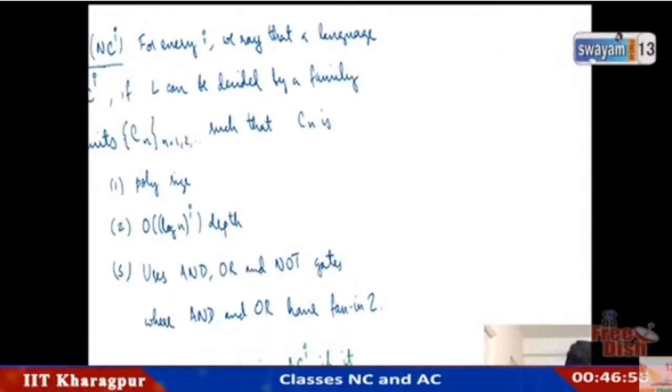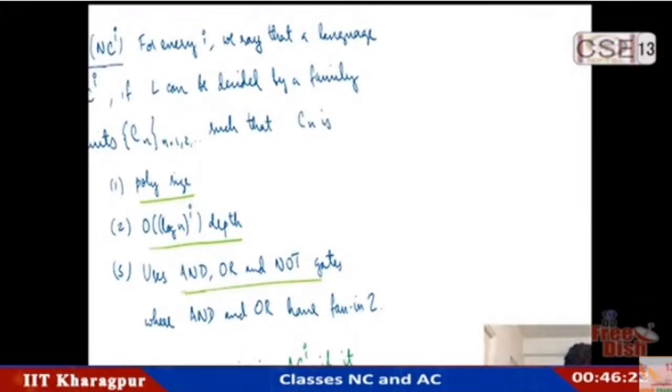So let us define NC or NC^i. NC^i is the class of languages that can be decided by a family of circuits that have polynomial size, and the depth should be (log n)^i, and must use AND, OR and NOT gates. So far I think we have mostly been talking about circuits restricted to AND, OR and NOT gates, but I'm just restating it.